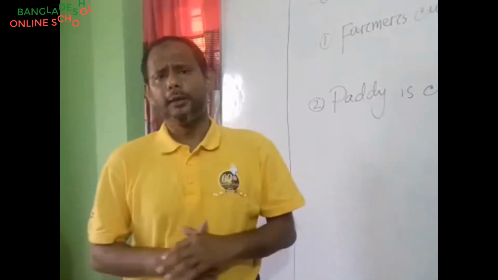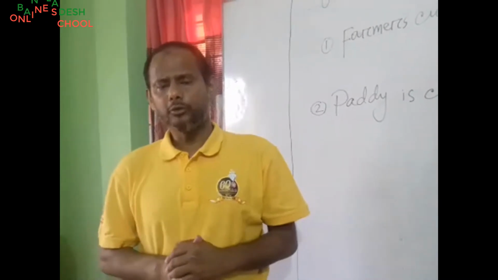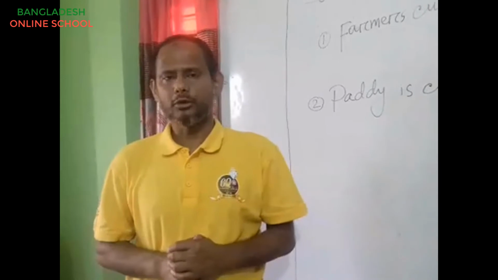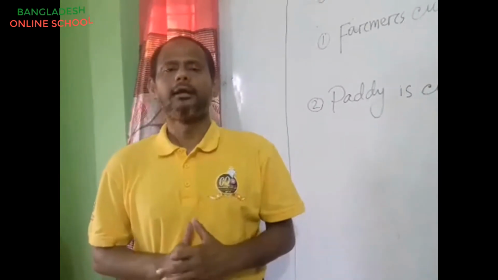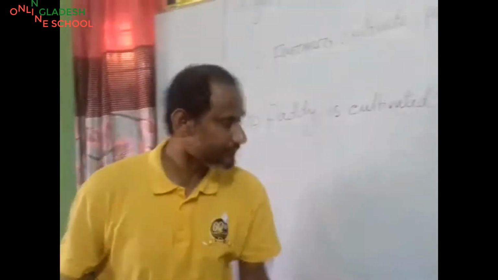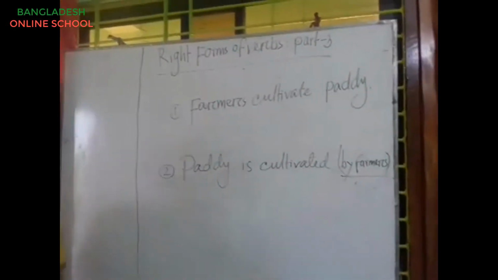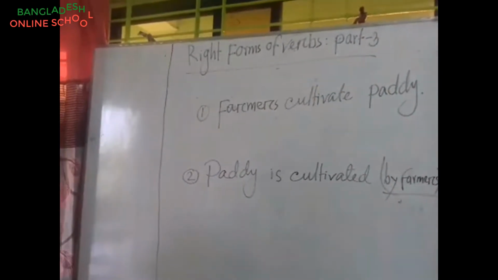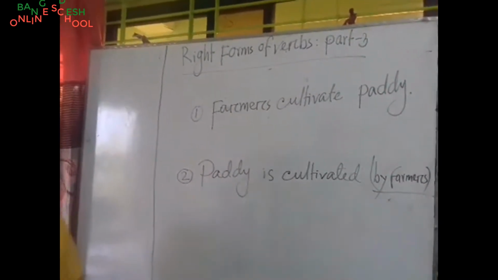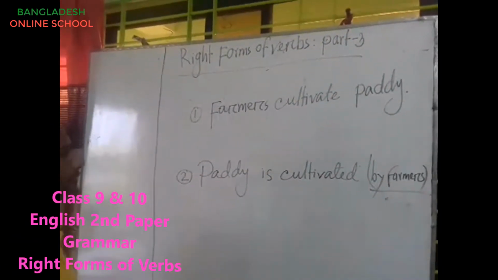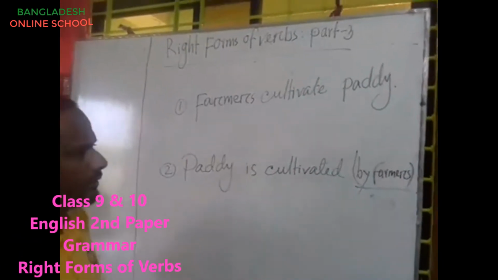Before going to the main part of the lesson, I would like to focus on passive expression of sentences. Okay, let's see the examples on the board. On the board, you can see two examples. One example, farmers cultivate paddy. In the second example, you see paddy is cultivated by farmers.